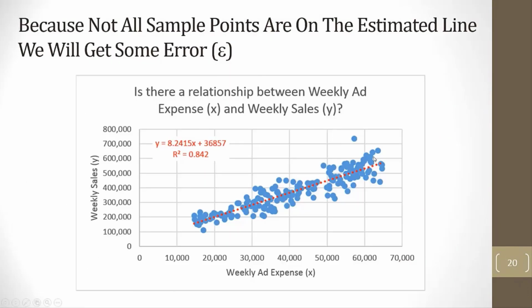So again, there's some sample points that are above and below. And I want you to think about this for a second. Here's a marker above. That's the actual value from our sample. But look at where the prediction's going to be. The prediction's going to be way down here. So in this particular instance, the predicted value is less than the particular value from the sample.